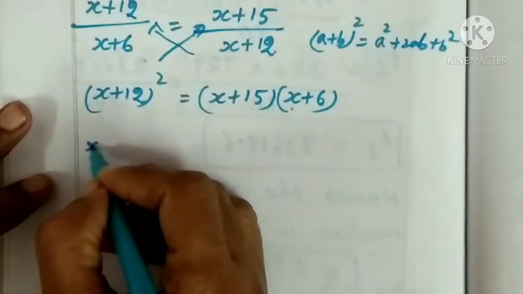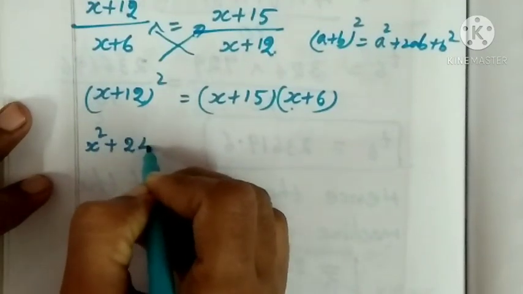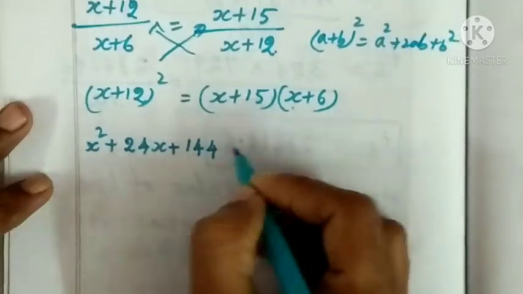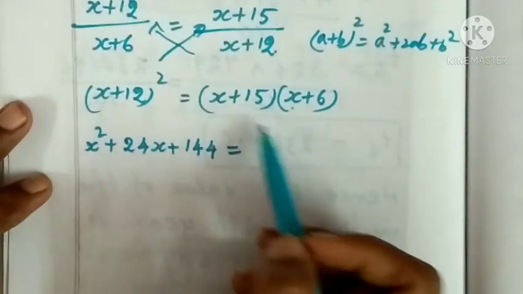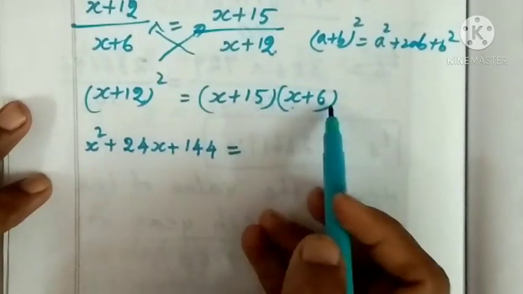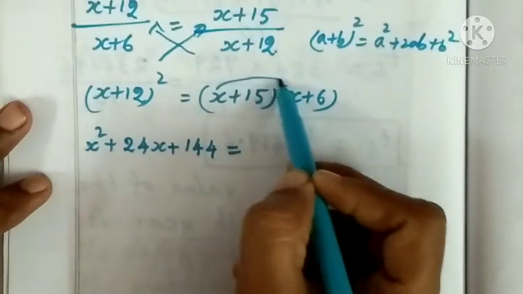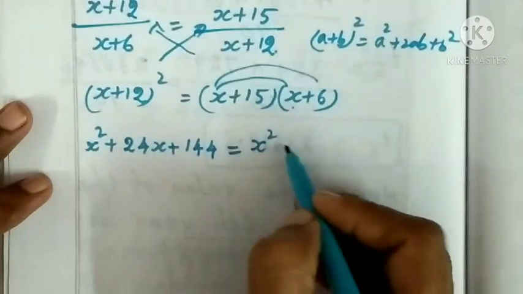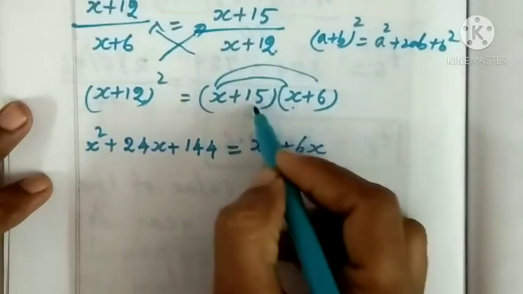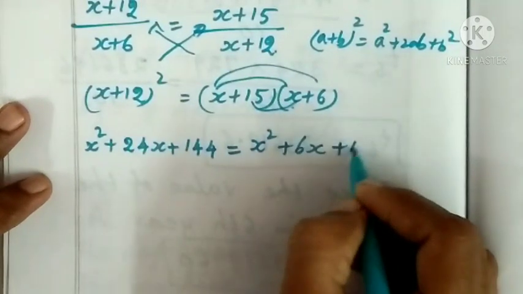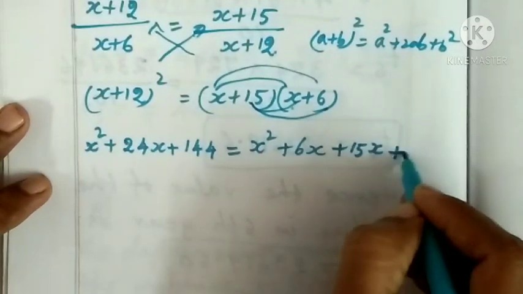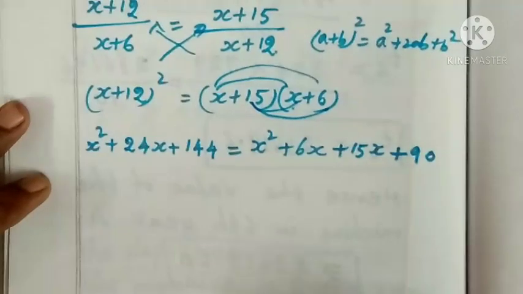That is x squared plus 24x plus 144 is equal to, multiplying the two terms, x into x, x squared, x into 6 plus 6x, 15 into x plus 15x, 15 into 6 plus 90.